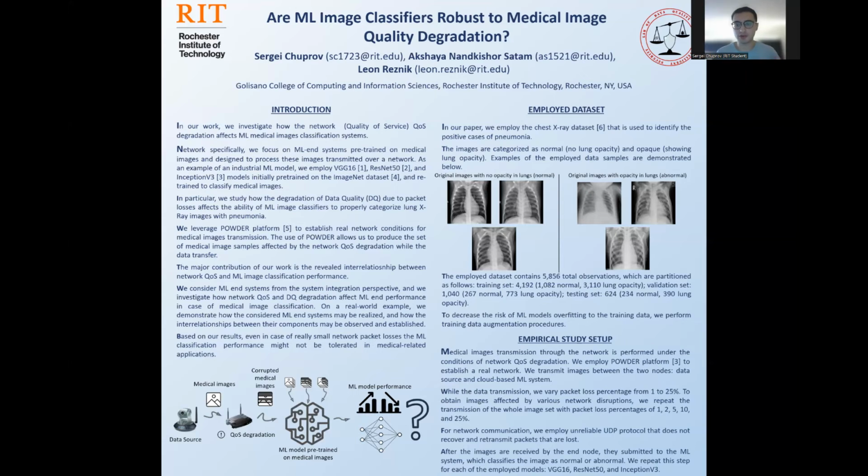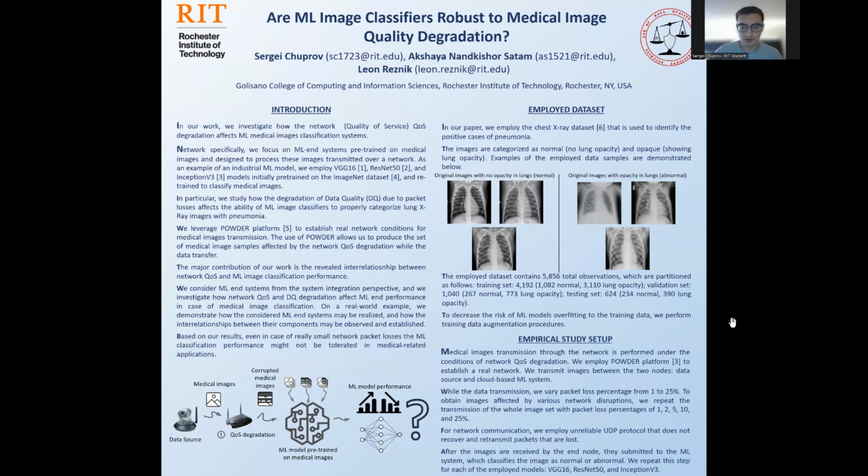Actually, for network communication, we employ an unreliable UDP protocol because we consider, for example, a limited resource network where we should not use a large amount of resources, which the TCP protocol actually requires to establish the connection and acknowledge the receiving of the file.